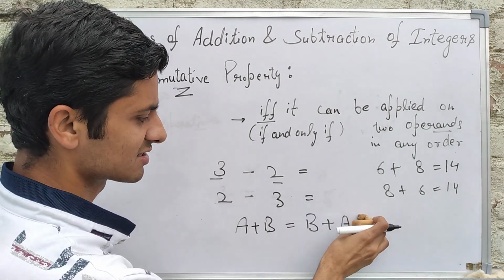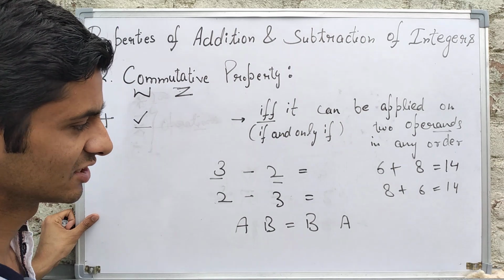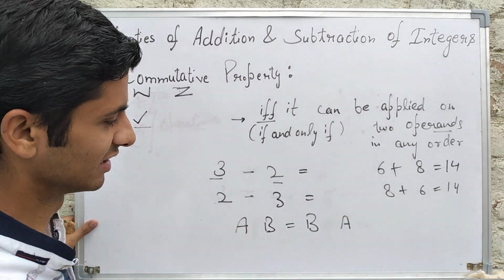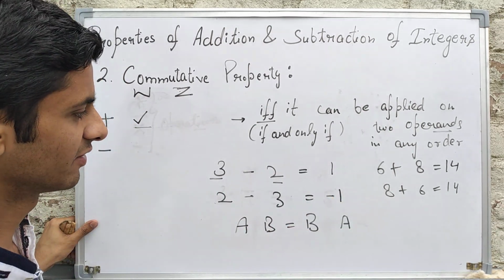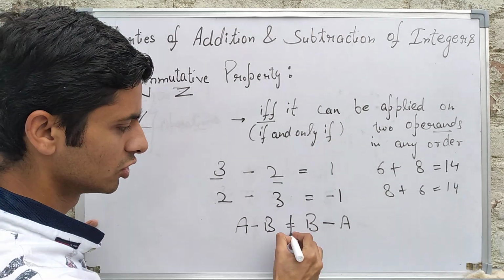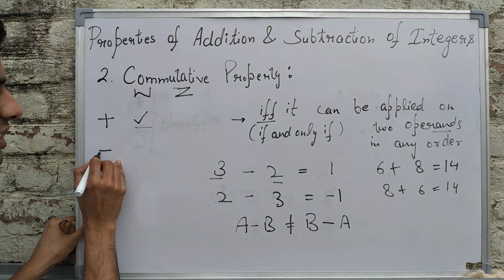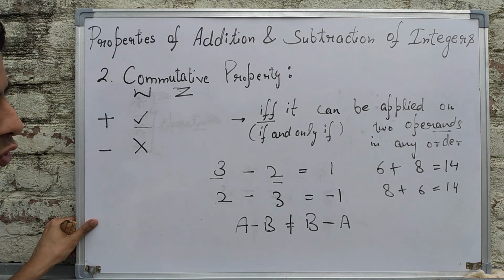Now we are not concerned about whether it belongs to some set or not, that was for closure property. We want the same result. 3 minus 2 gives you 1, 2 minus 3 gives you -1. So a minus b is not equal to b minus a. Therefore subtraction is not commutative for whole numbers.